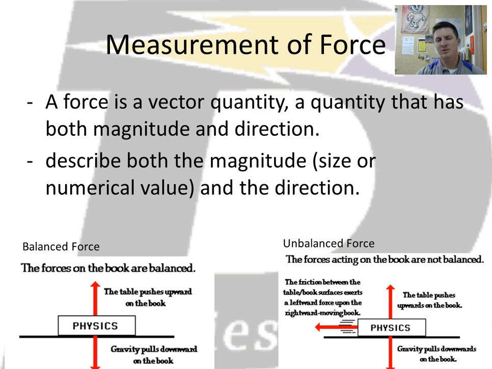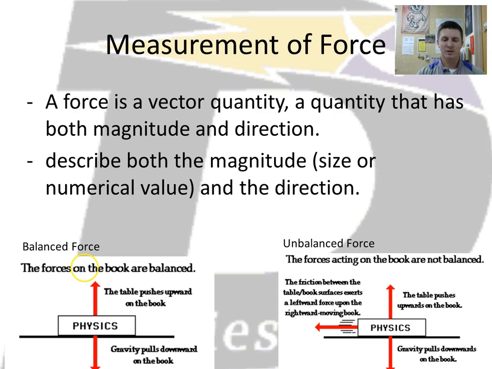You will have to calculate some forces, but you have to understand first that a force can be balanced or unbalanced. A balanced force means that the magnitudes of the forces acting on the object are the same and opposite in direction. So the magnitude is the same, and the direction is opposite.